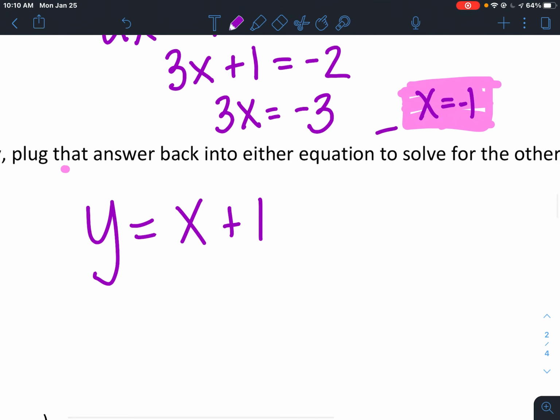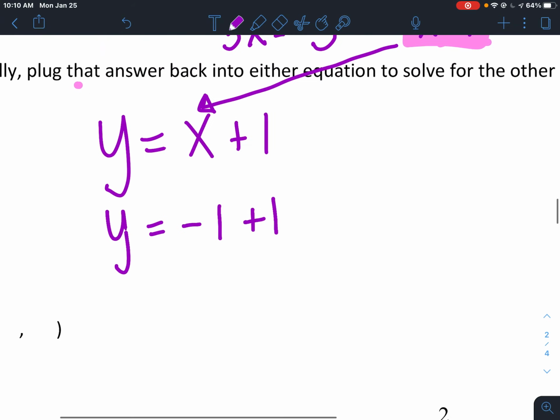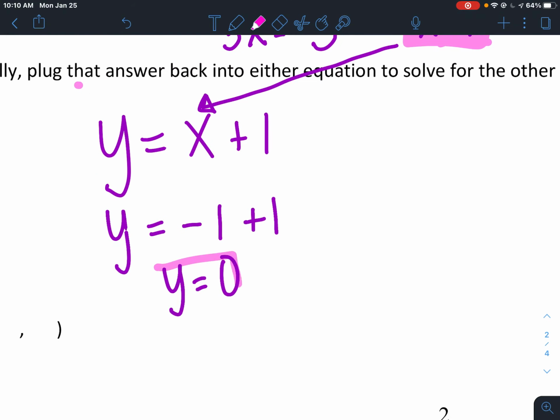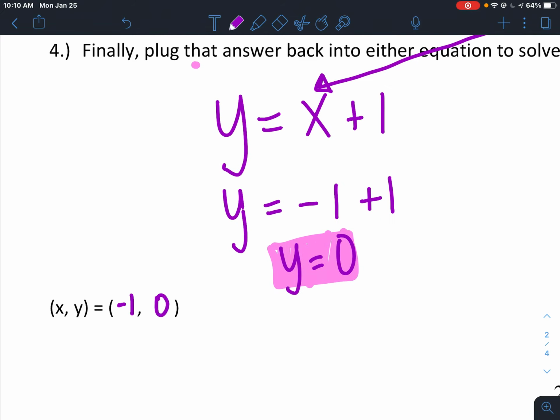And then we'll plug that right in for x. It's just like another substitution. y equals negative 1 plus 1, so y will equal 0. I'll highlight that to make it stick out. My solution, or the point of intersection, is negative 1, comma 0.